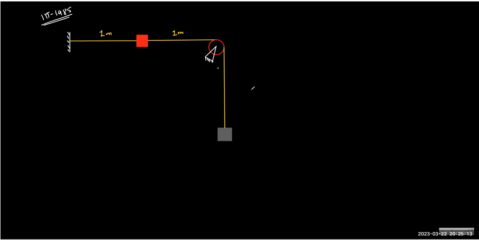This is capital M of mass 2 kg. And this is small m of mass 0.5 kg. And take g as 9.8 meter per second square.